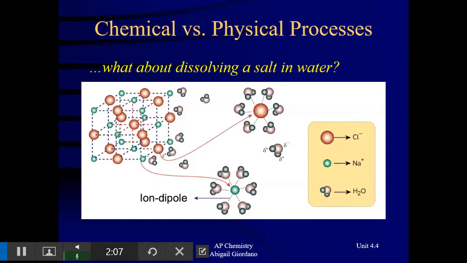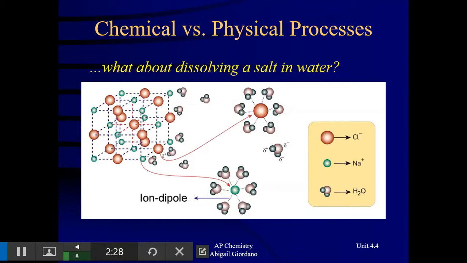So people ask a lot, what about the dissolving process? That can actually be argued both ways. You could say that a situation like this, which is review, guys, where you've got a block of sodium chloride, table salt, and you put it into water.